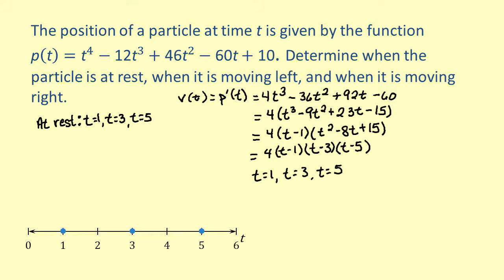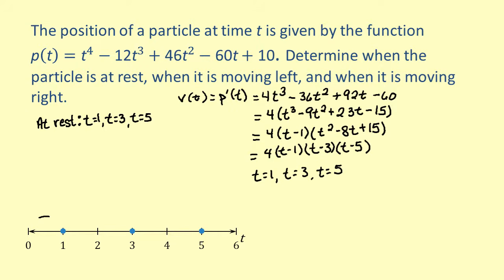If we substitute that value into the factored form of the equation, we'll have the positive 4, and then we know that the factor t minus 1 will be negative, t minus 3 will be negative, and t minus 5 will be negative. So we will be multiplying 3 negative values together, which will result in a negative value. Therefore, the sign of the function over the interval from 0 to 1 is negative.